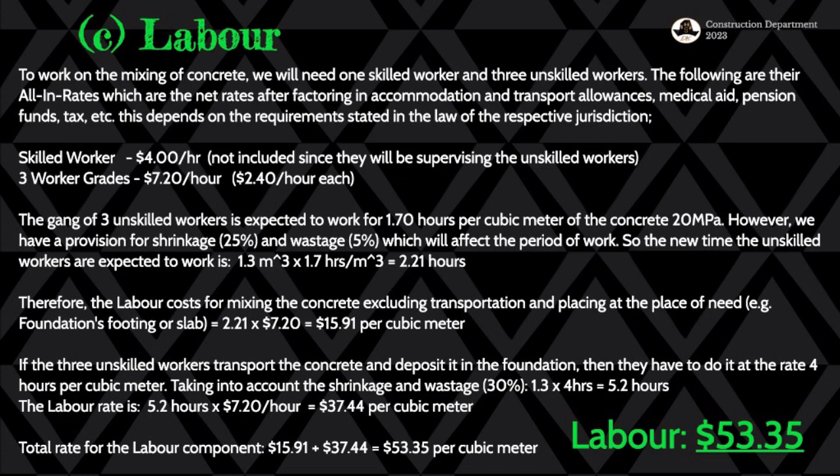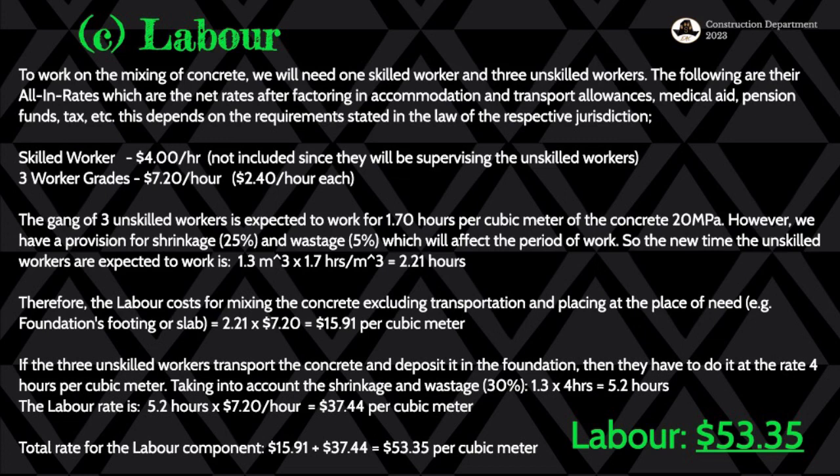Correct me if I'm wrong, but I think I had made a mistake. Pardon me for that. However, we have a provision for shrinkage, which is 25%, and wastage, which is 5%, which will affect the period of work. So the new time the unskilled workers are expected to work: when we factor in the shrinkage and the like, it means there's going to be more work, so we include the 1.3 cubic meters that we're going to be using.